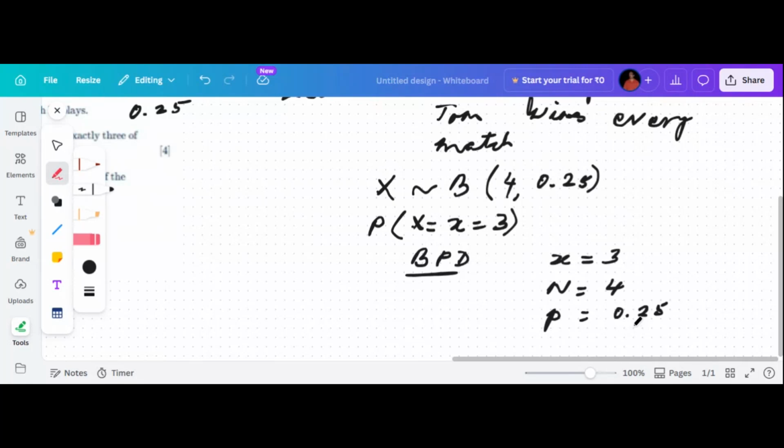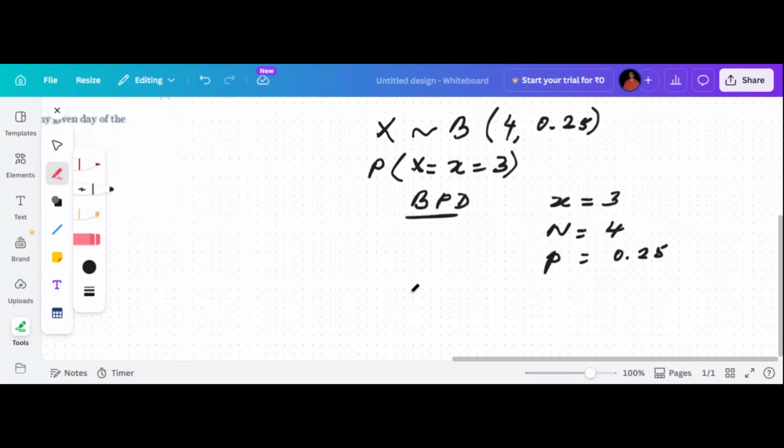So we get probability x equal to 3 is 0.046875.